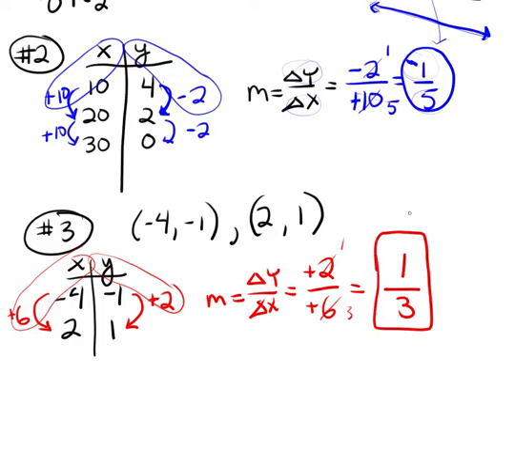So that means I rise 1 positive and run 3 of those positives. So this one's going to be, again, a shallower one because my change in x is longer than my rise for that one.